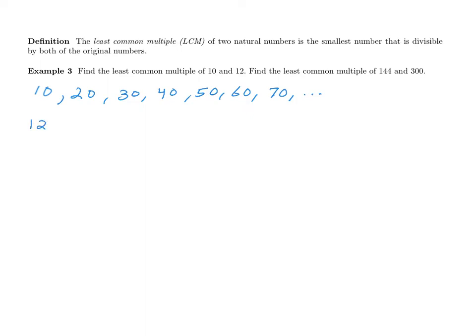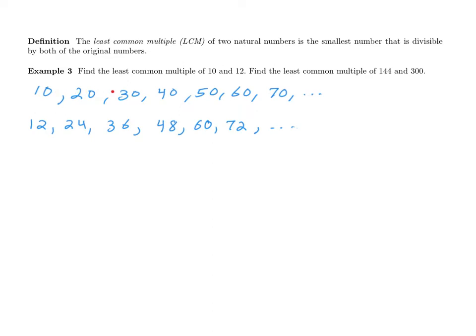For 12, it's 24, 36, 48, then 60, then 72, and so on. So here we go. We have the multiples of 10 and the multiples of 12. We're again looking for common multiples, and specifically the least of all of them.